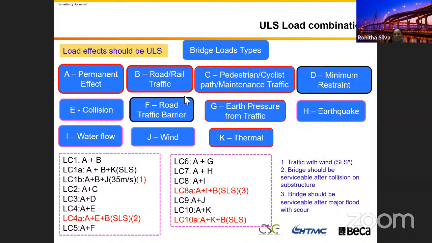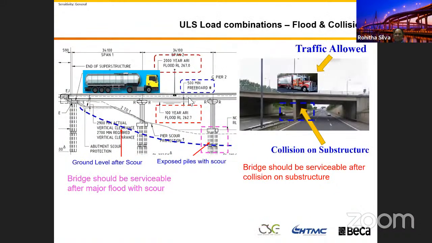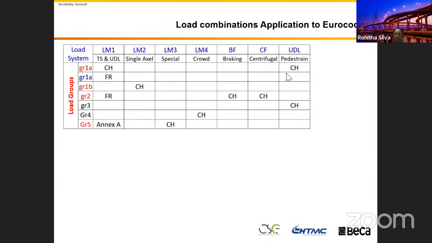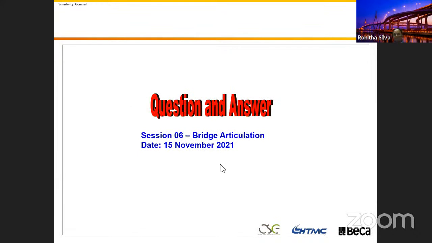When you say traffic, it can be many different traffic. We know all the codes have different traffic models to design, and then you can combine them according to the guidelines given in the code.